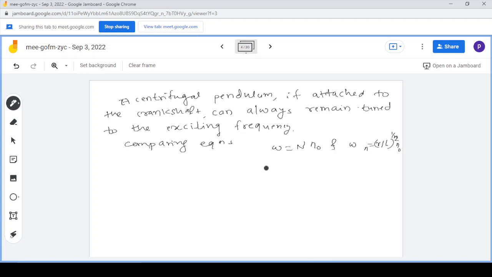What we can get if we compare these two equations, right? What is the omega in both the cases? Omega is tuned, so we can say that this omega is the same, right? So we can write n into n0 equals r by l raised to half into n0. So we'll compare these two, so we can write it down like this.